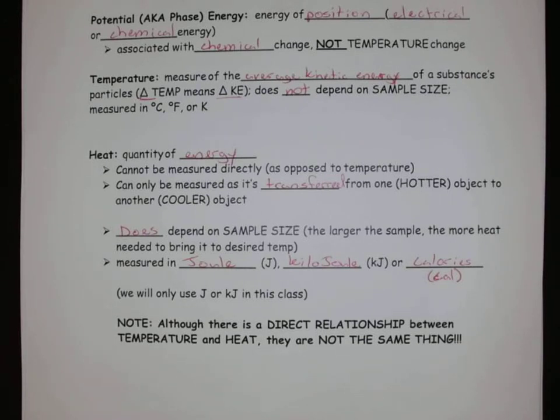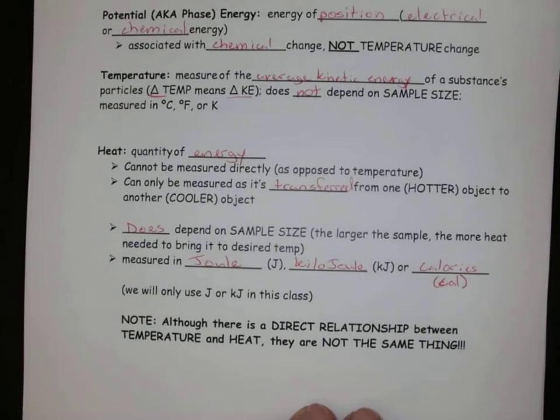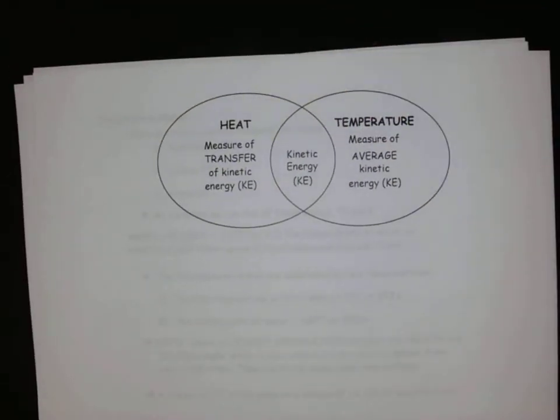There is a relationship between temperature and heat, but they are not the same thing, right? They are not the same thing. That's really important, right? Our temperature is all about that average kinetic energy, and our heat is about that transfer of energy, okay? So on the next page, right, we've got a Venn diagram.